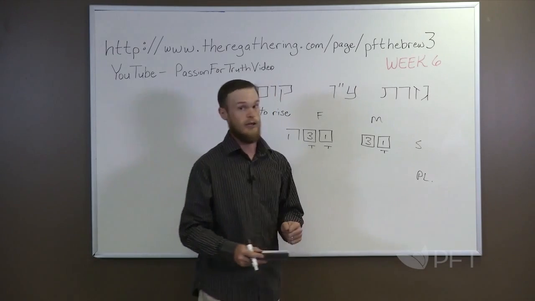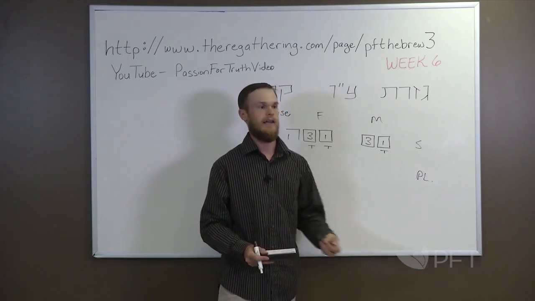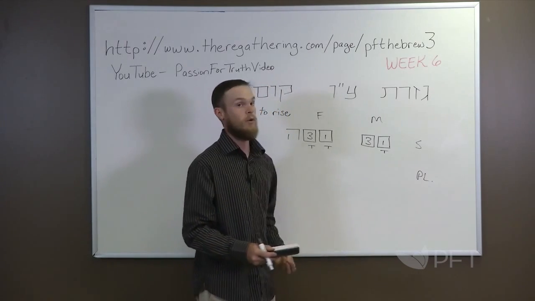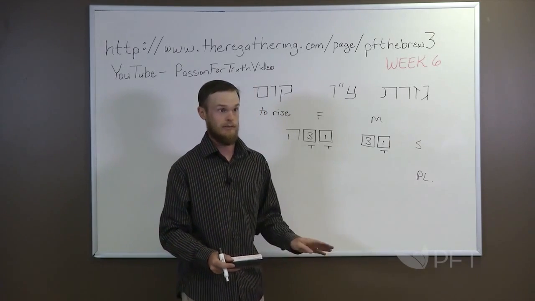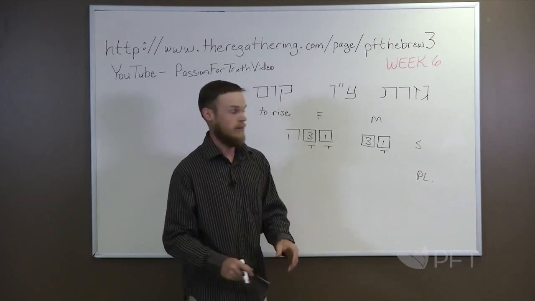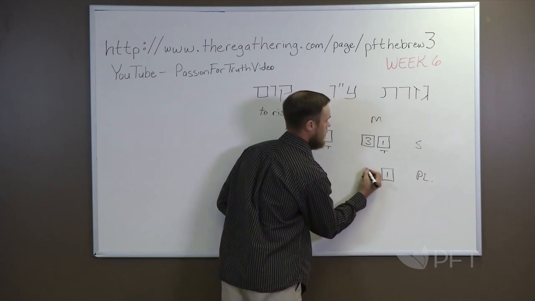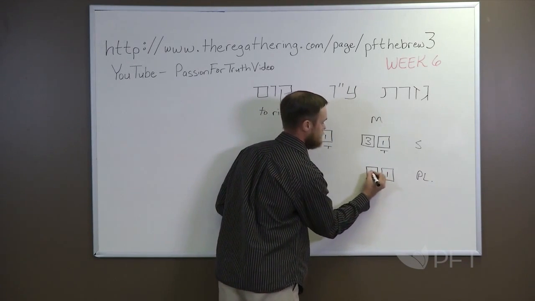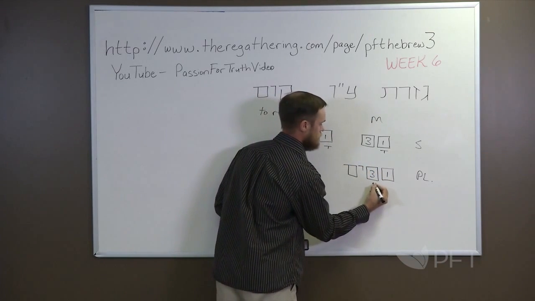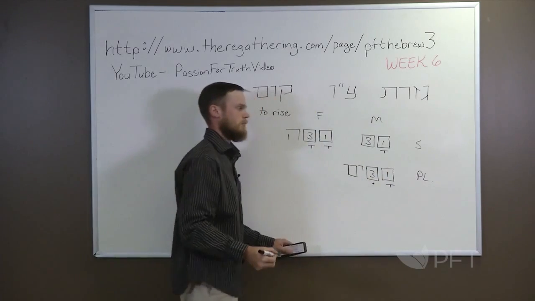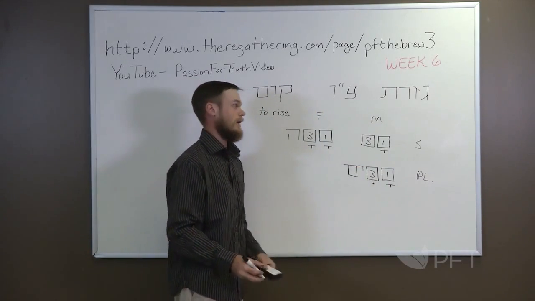Now, in the plural, they do change, because if it's past tense, if I was to say they rose, I would say heim kamu, or hein kamu, because I can use masculine or feminine. But if it's present tense, they are rising, then I would say kamim. Heim kamim instead of kamu.